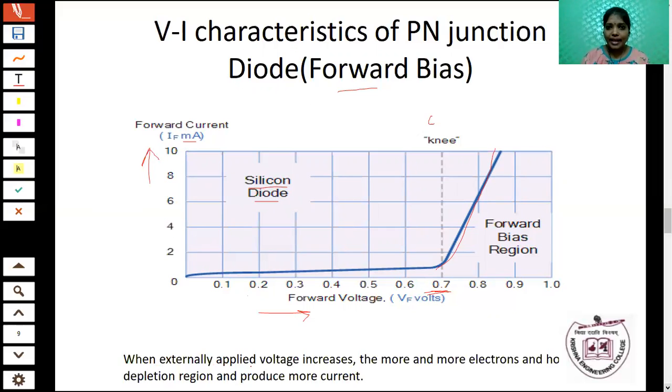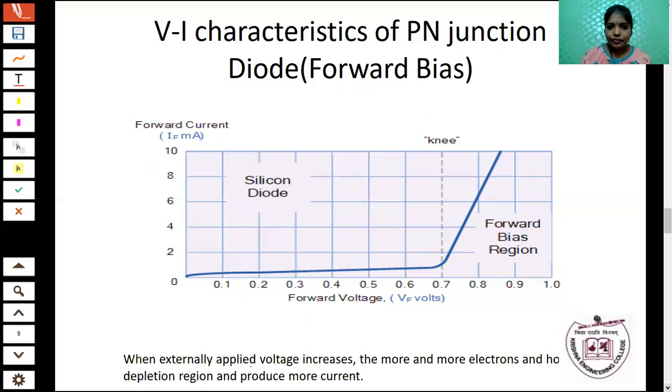That means it will break the electrical field and produce more current. Okay. So you know that the conventional flow of current is just opposite to the flow of electrons. You know that the electrons move from the N-type to the P-type material. So the current flows in the opposite direction, that is, the current flows from the P-type to the N-type.